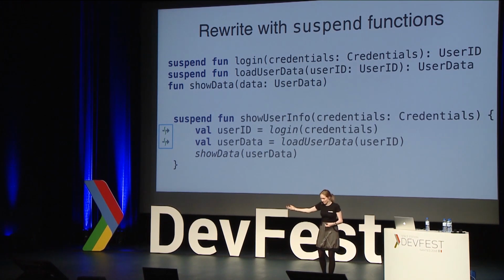And it can be suspended when we load user data, again because it represents a computation that can be suspended. So we clearly see these suspension points on the declaration side, because we have the suspend modifier, and when we use them, because IntelliJ nicely highlights them.